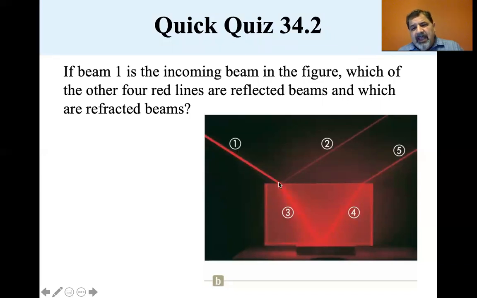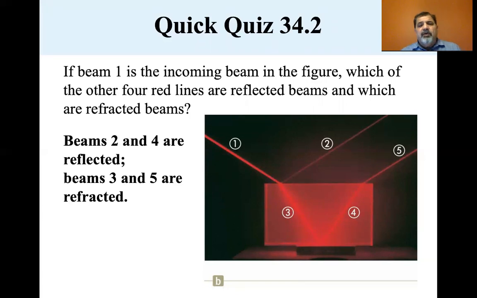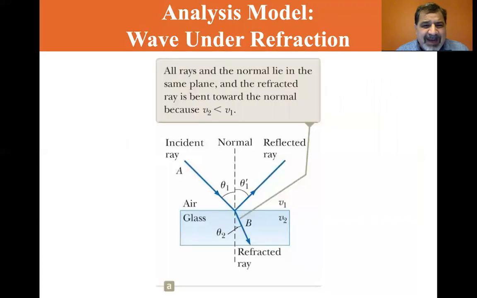Well, one has a different angle than three because three is refracted, but look at four comes out and five has a different angle than four because it's refracted. So it's going into some medium. I don't know if it's water or glass, and as it comes out, it's changing media again. So beams 2 and 4 are reflected, beams 3 and 5 are refracted.